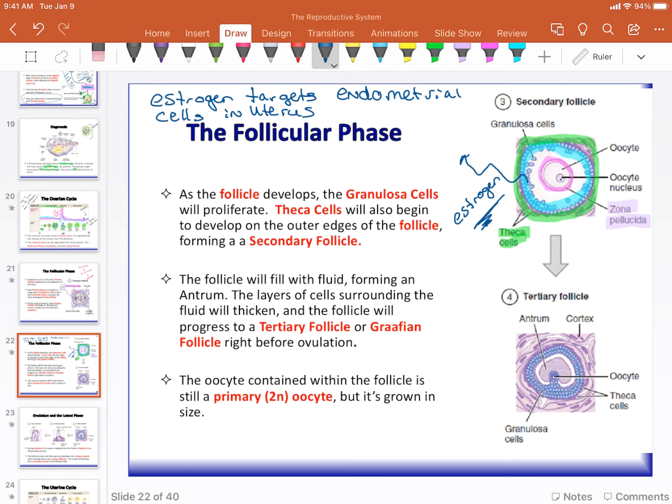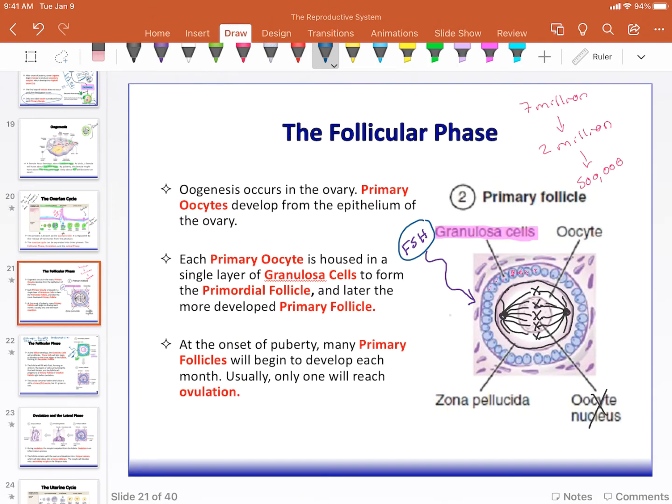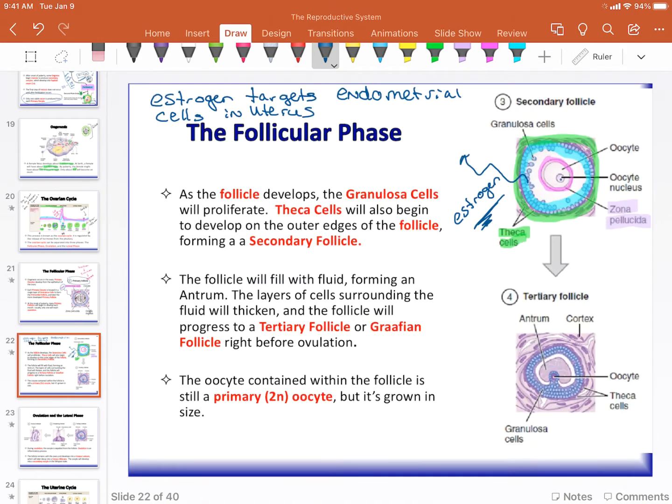So the follicle will mature from the primary follicle, which is what we see here, to our secondary follicle, and notice that the secondary has more layers of granulosa cells, and it's got that theca layer. And then from there, it's going to become a tertiary follicle. We're still going to be producing estrogen. In fact, we're going to produce a lot more estrogen at this stage as these granulosa cells continue to pump out this estrogen.